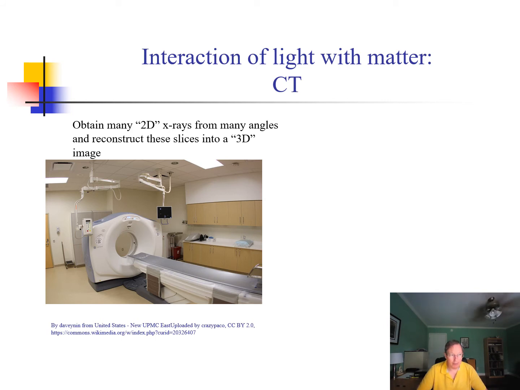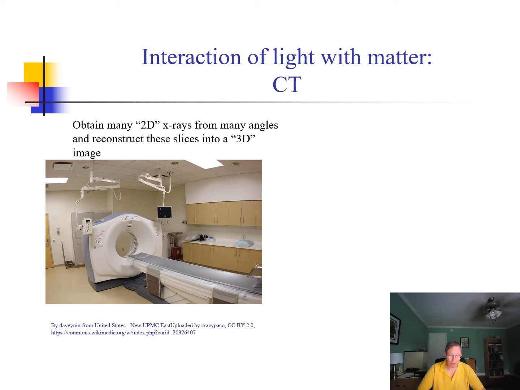Now, sometimes it would be easier to interpret things if you don't have a two-dimensional projection of a three-dimensional object such as your body. And so once we had the ability to store vast amounts of data in computers, people started doing these three-dimensional CT scans, or computed tomography.